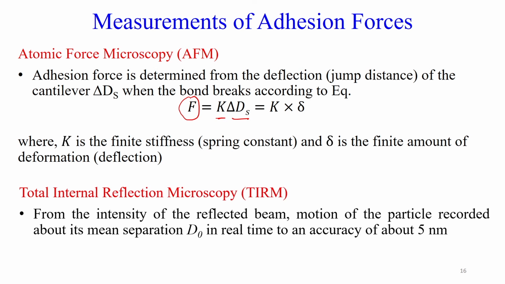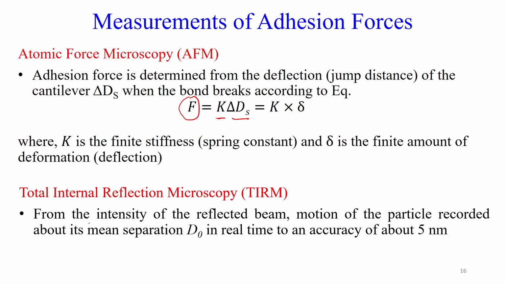Another method is the total internal reflection microscopy, TIRM. This is used for the weaker interaction, like there are some colloidal particles in the liquid. The intensity of the reflected beam depends on the distance of the particles and the surface.